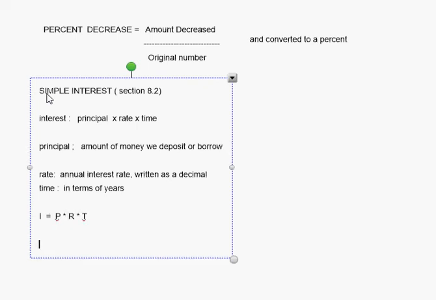That's your interest formula. Now, suppose you're out to find future value.